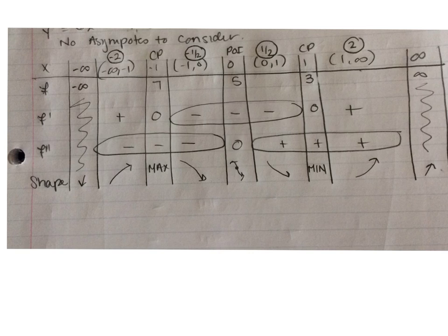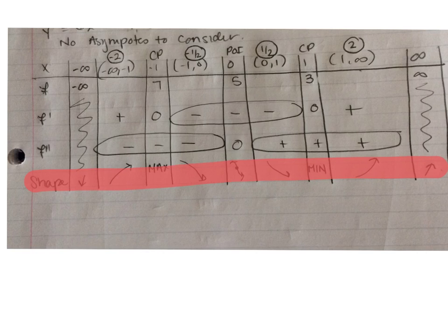So this is my complete table. Notice that I put this row down here, this shape. Right here is what I'm going to use to graph my graph at this point.